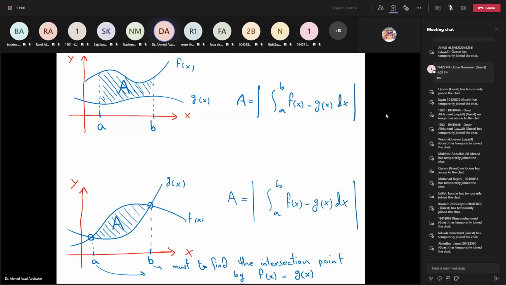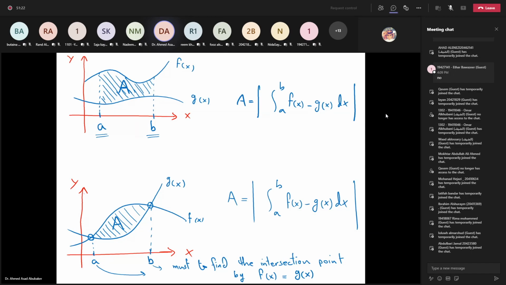But here we must find the intersection point. In the third case, A and B are known, but in the fourth case, this is unknown.